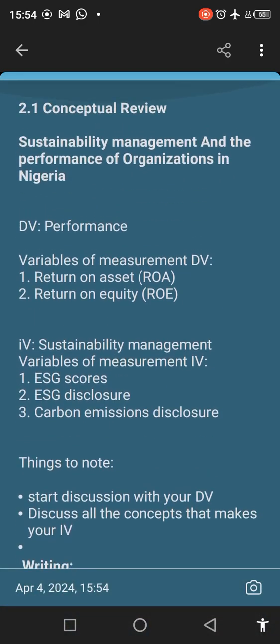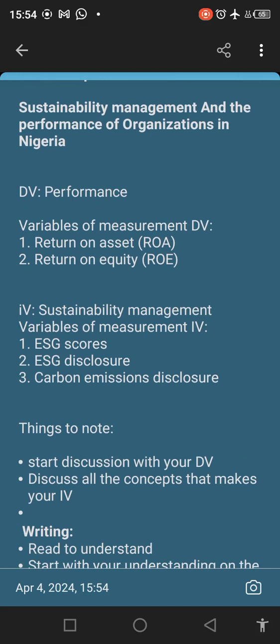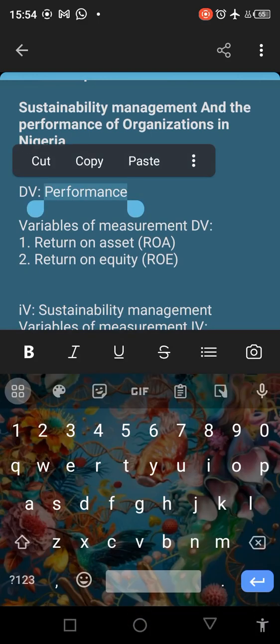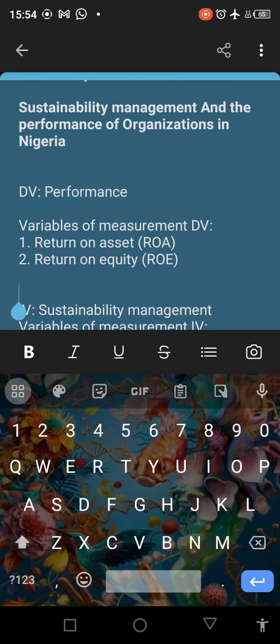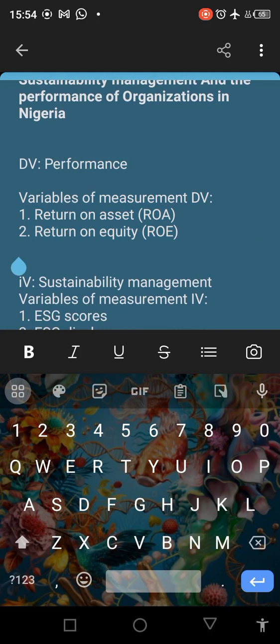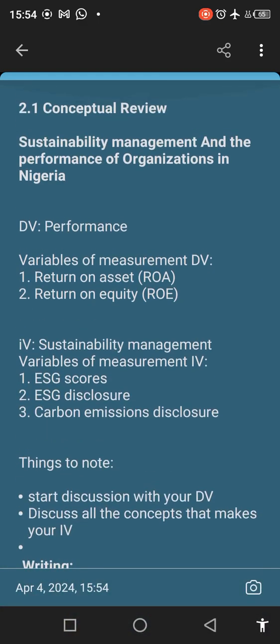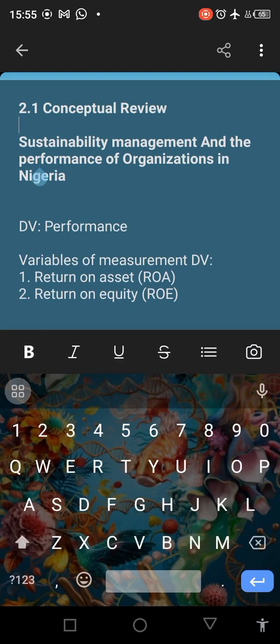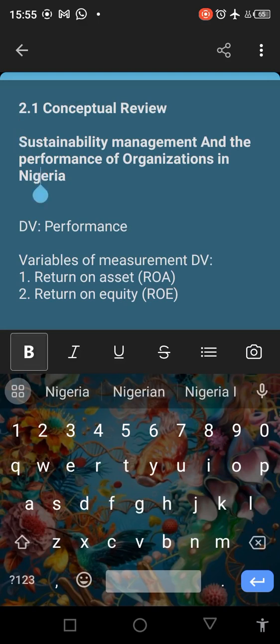Now, these variables of measurement that you are seeing here are the concepts that make up my study. I just broke down this particular topic into concepts.